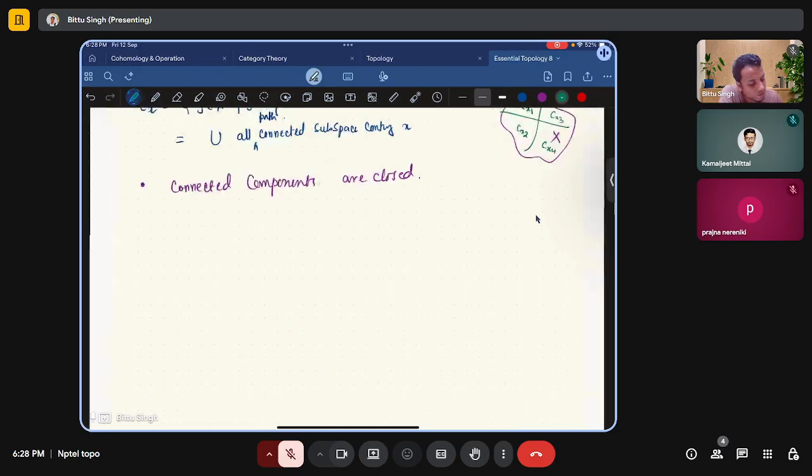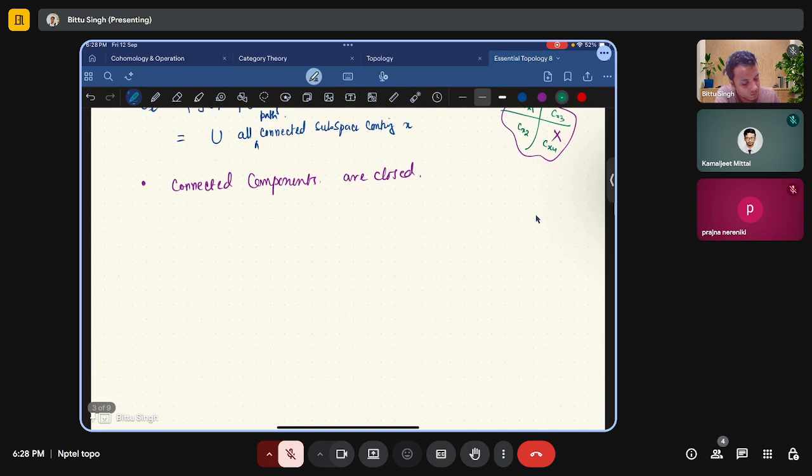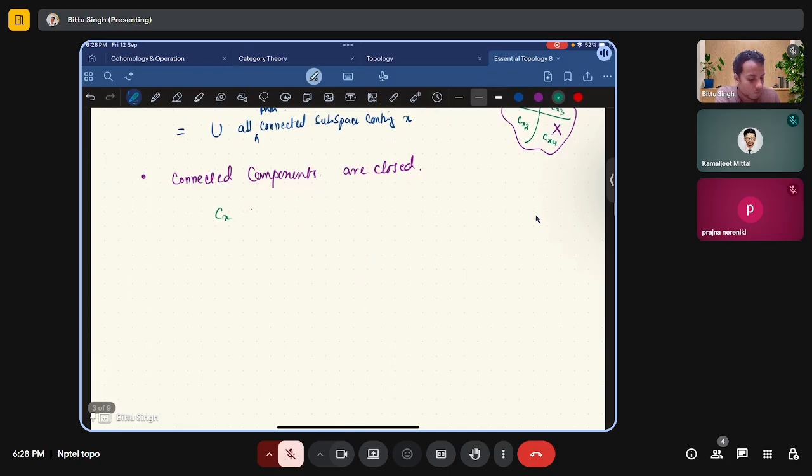So one property is that connected components are closed. Why is this true? Take a subset. Suppose Cx is a connected component. Then Cx must be contained in the closure of Cx. A is contained in A closure, right?